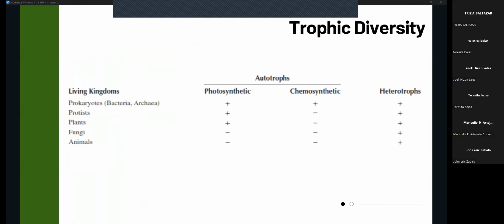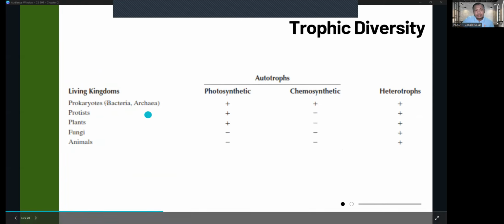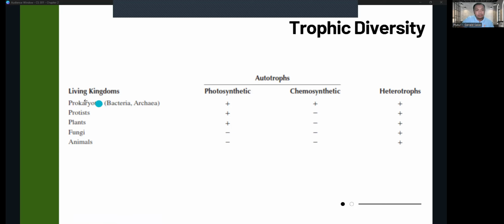Now, sa mundo, we have a diversity of organisms, and of course our focus for today is the plants, but we have the following living kingdoms. We have the prokaryotes, the bacteria, and the archaea. Most of them are photosynthetic, chemosynthetic, and heterotrophs.